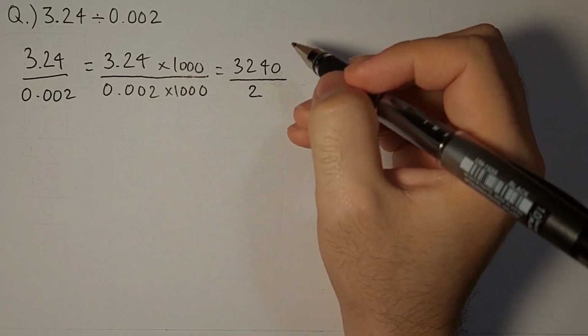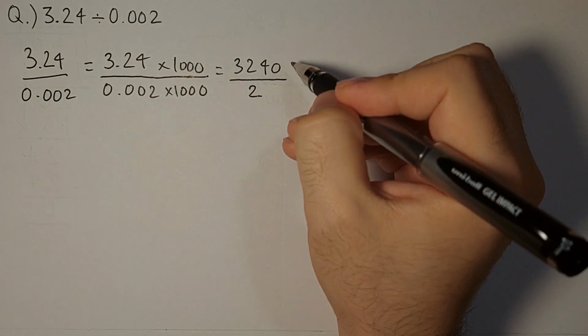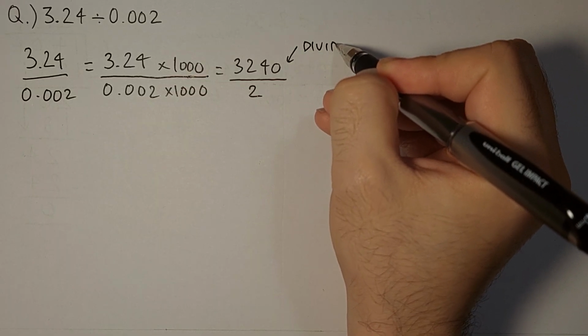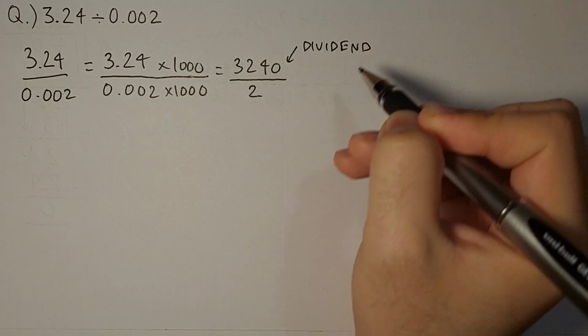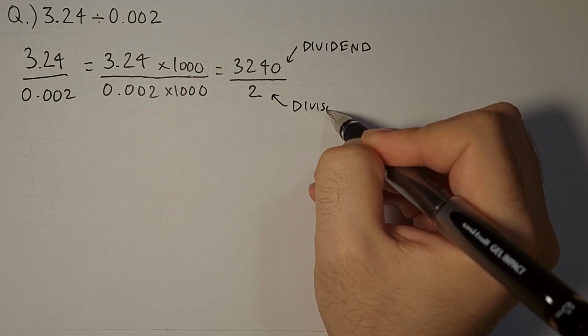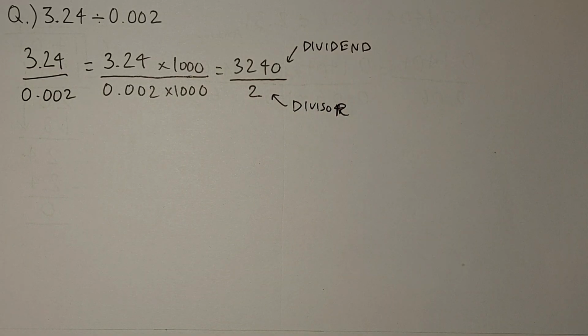And so this is called the dividend. This is called the divisor.